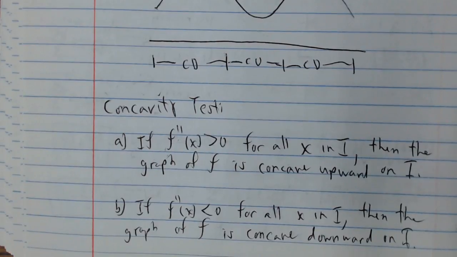Okay, so now moving on to our next definition, which is something called an inflection point. An inflection point, simply put, is the point at which your graph changes from concave up to concave down.